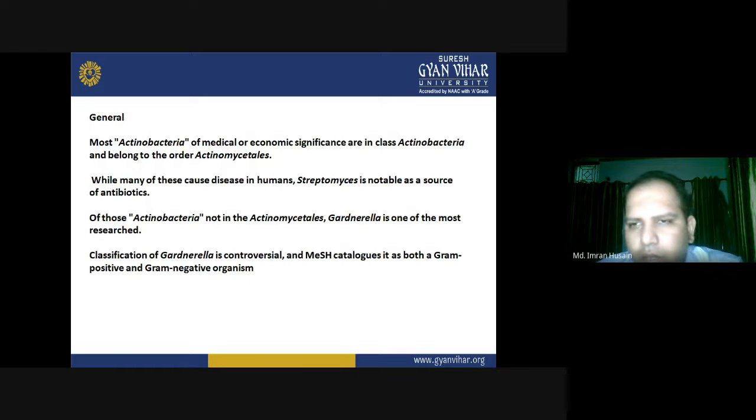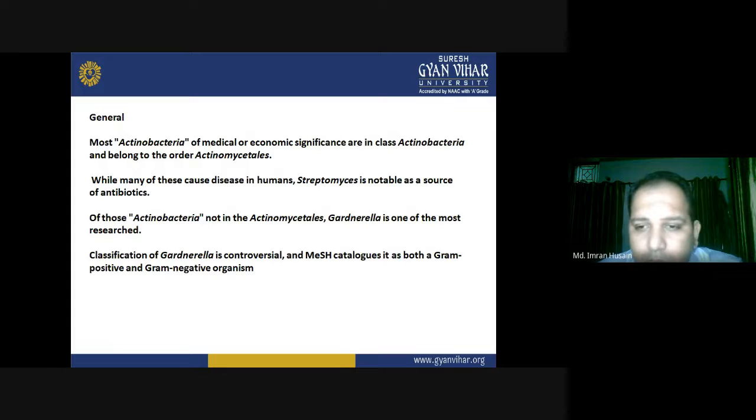If you ask students what the different types of bacteria are according to the gram staining procedure, they will generally answer gram positive and gram negative. But there are also two other classes, right? They are gram neutral and gram variable. So gram neutral and gram variable species are also there, but most students are not at all aware of them.